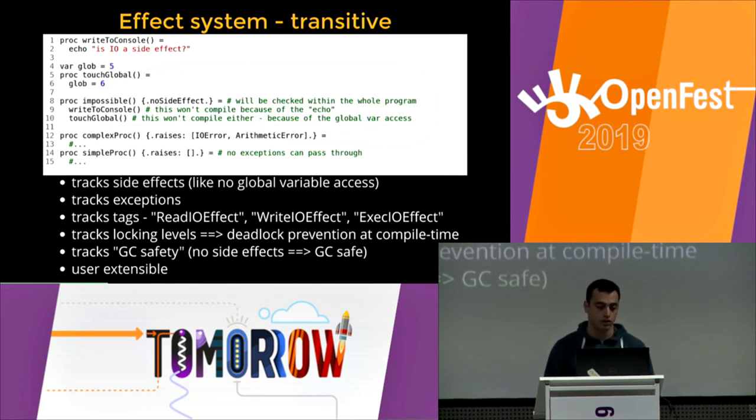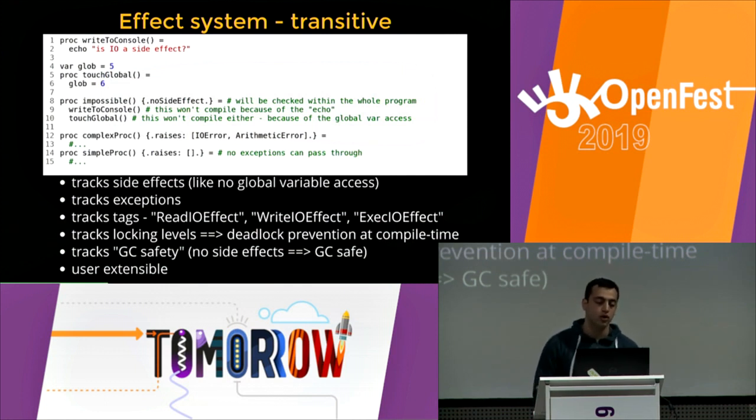If we want to define a function called, in this case, impossible, and we annotate it with the no side effect pragma, that means that the compiler will statically check at compile time that none of the functions it calls transitively ever has any side effects. So in this case, neither of the two functions can be called. And even if these functions were defined in a module outside of the current one, it would still be checked at compile time, and the compiler can enforce if something really doesn't have any side effects.